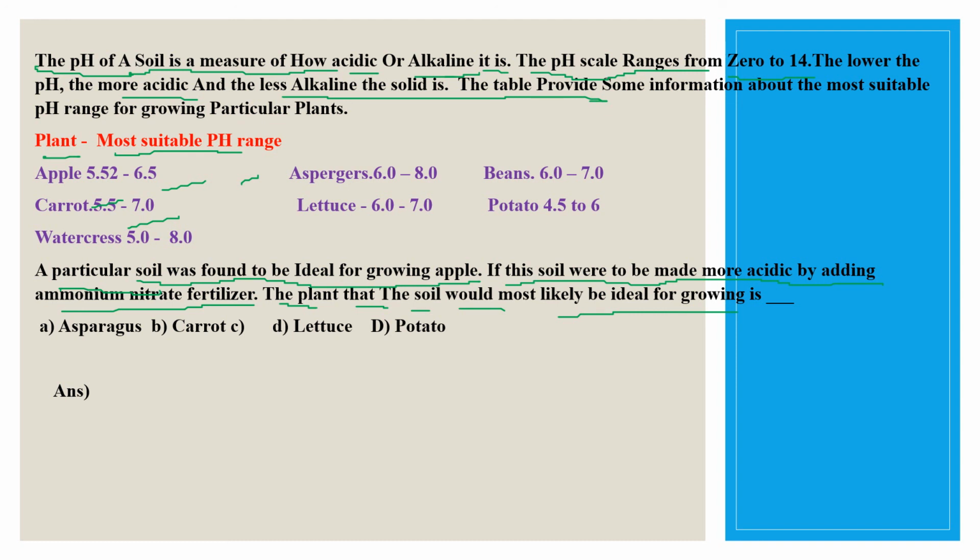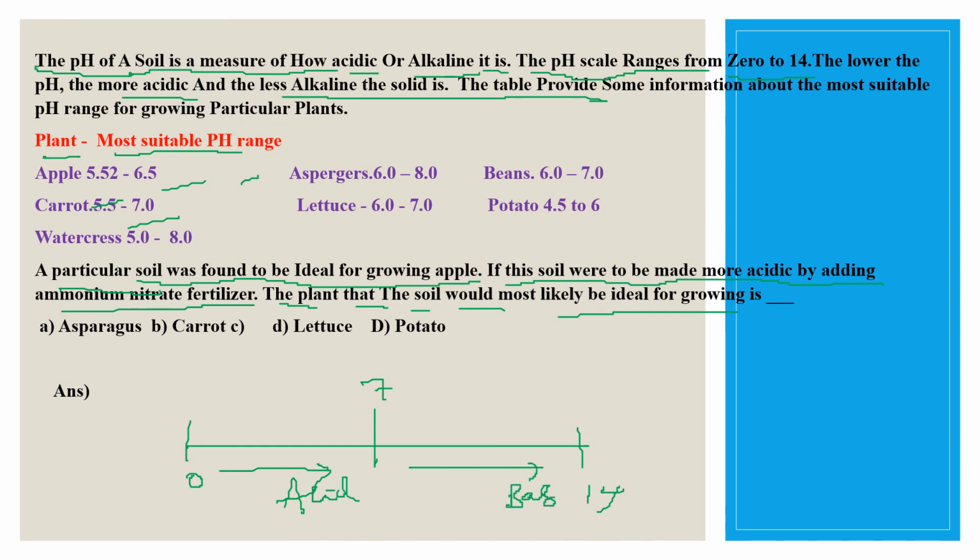So it is asking for more acidic in nature, indirectly a very low pH value. The pH scale is 0 to 14. 7 is neutral. Going from 7 downward, acidic nature increases; going upward, basic nature increases.